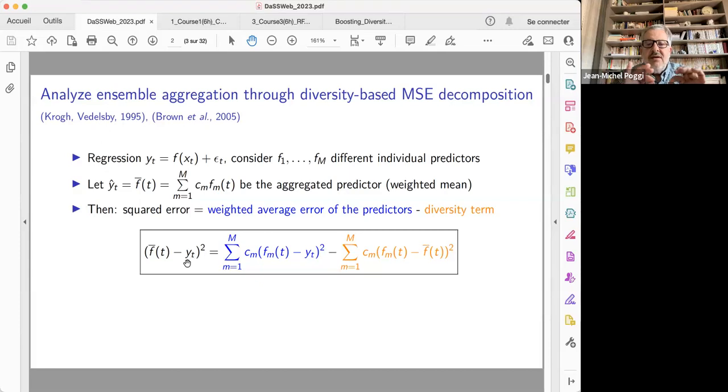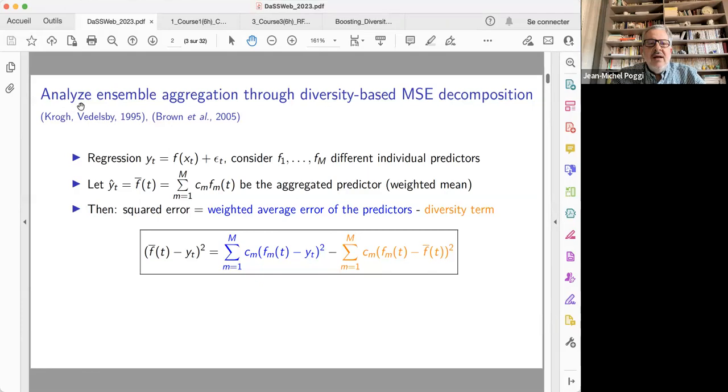You just consider the instantaneous error, and then you decompose this. There is a well-known identity dating back to the last century. You can find very interesting insight about diversity in many papers by Brown.